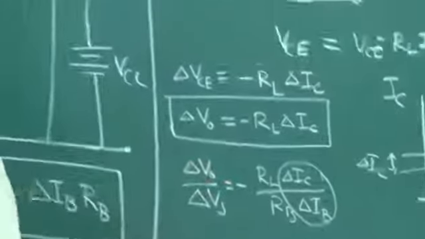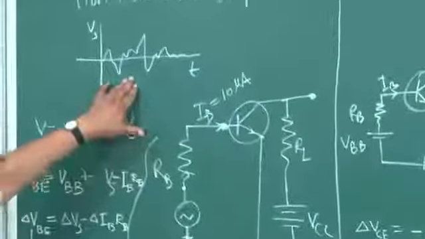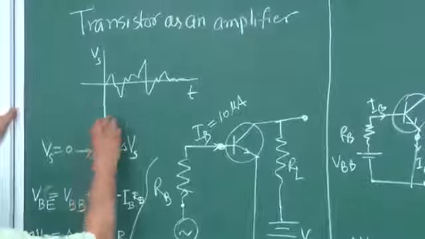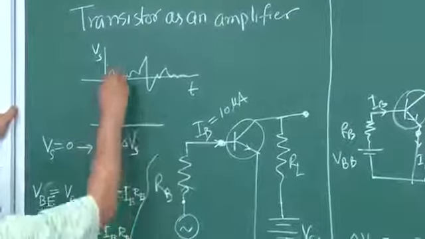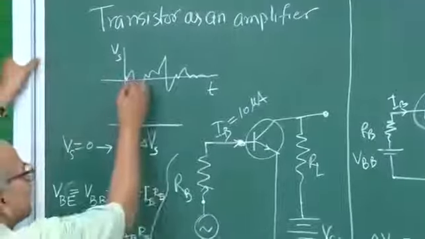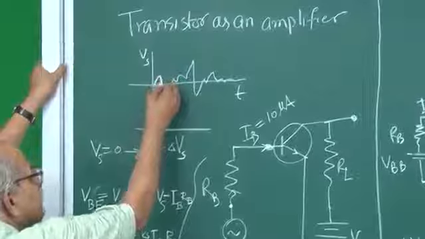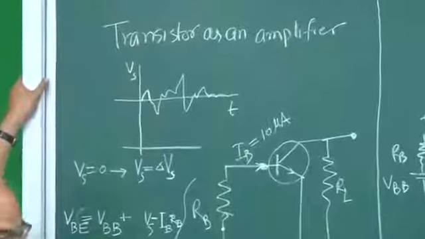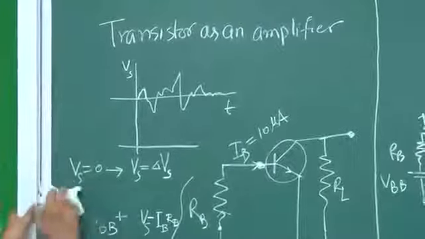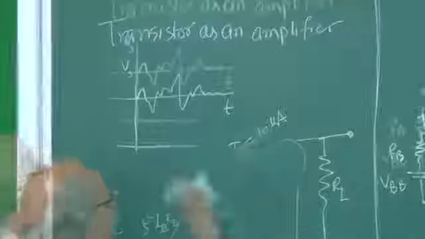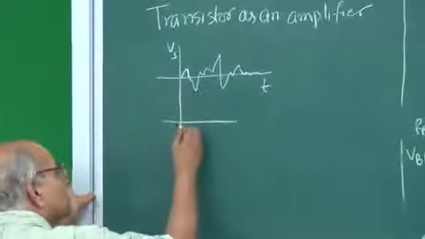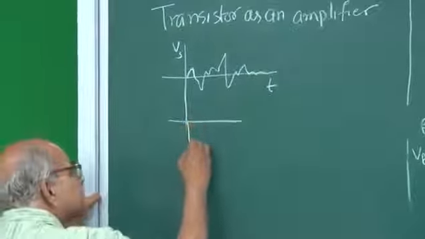So, if you have this kind of signal here, after amplification what will happen? This magnitude is increased, let us consider only this part. So, this magnitude is increased, but at the same time it has gone down. So, it is going like this.